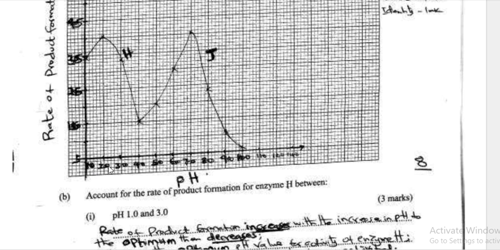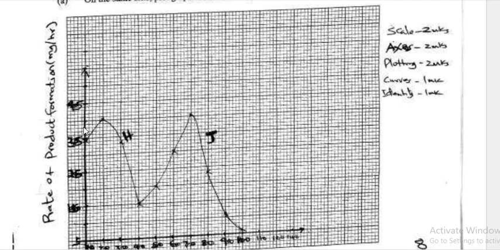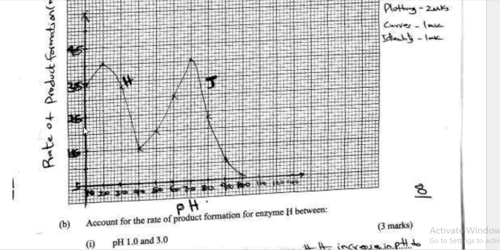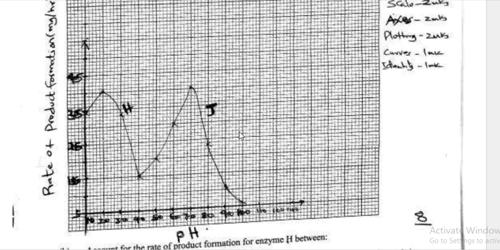You can see 10, 20, 30, 1, 2, 3, 4, 5. It means 5 boxes representing a pH of 1. Then on the y-axis, 10 boxes representing 10 milligrams formed. So you can see 5, 15, 25, 35, 45.